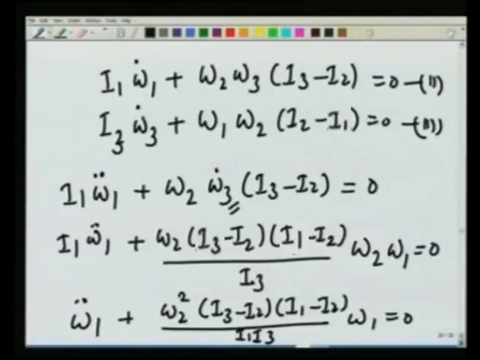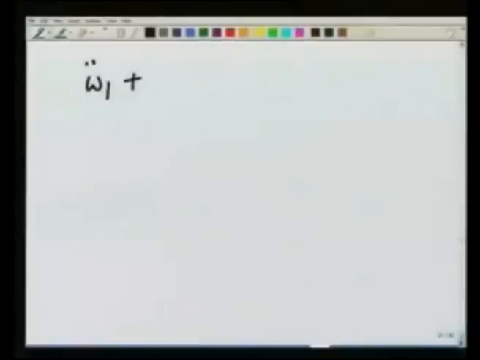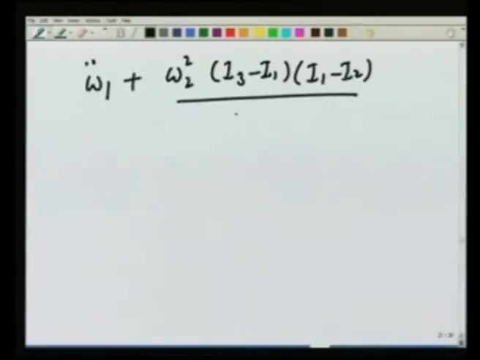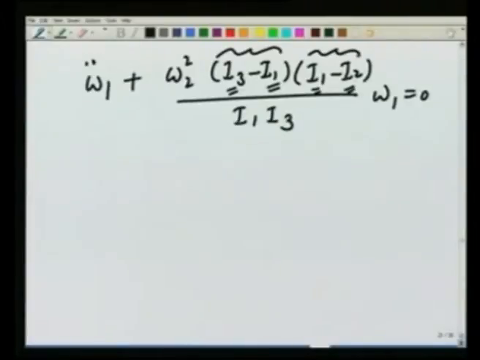And the final equation we get, let me rewrite it, is omega 1 double dot plus omega 2 square, which is a constant, (I3 minus I2) times (I1 minus I2) divided by I1 I3 omega 1 is equal to 0. Since I1 is the smallest and I3 is the largest, this number is positive, and I1 is the smallest and I2 is intermediate, this number is negative, and therefore this entire quantity is negative.